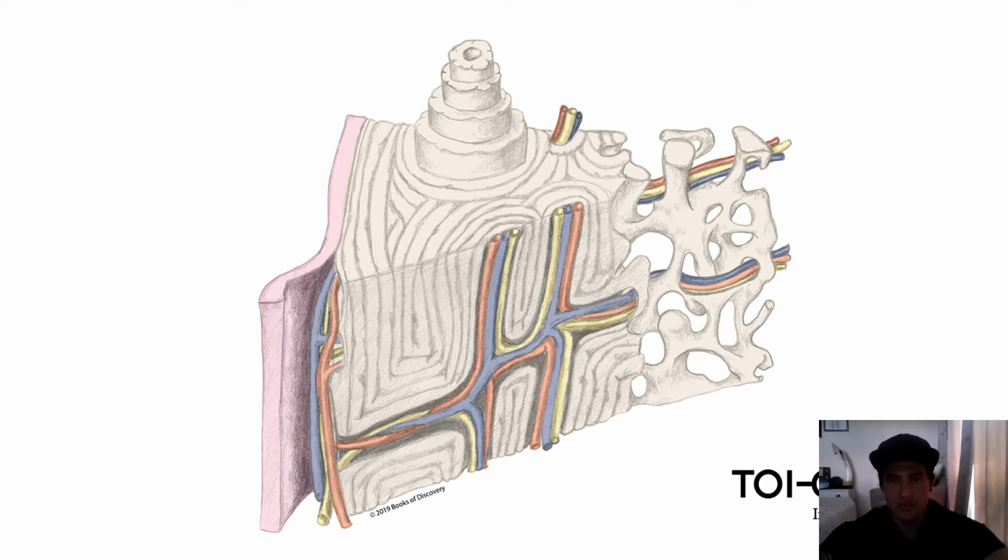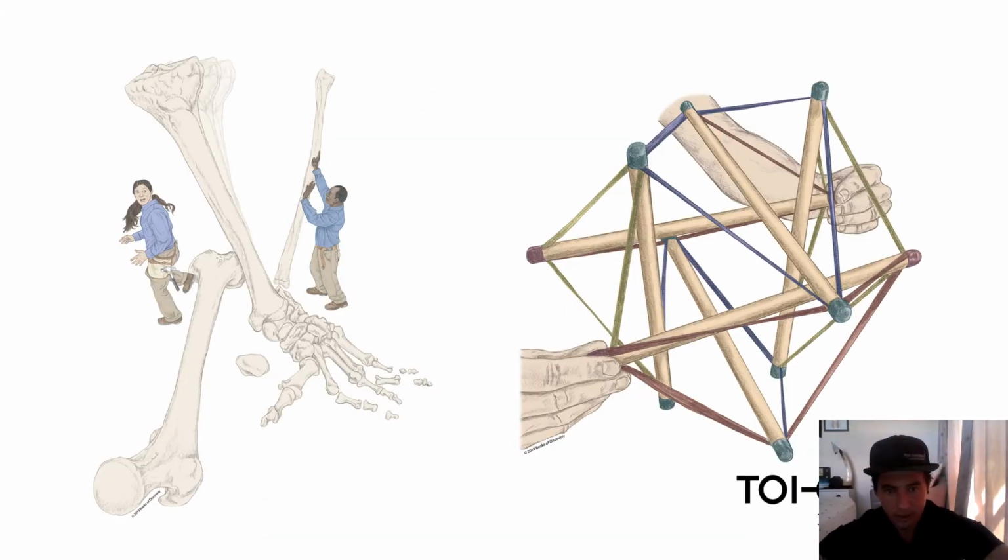That structure provides its strength. You'll also see you've got some blood vessels, arteries, veins, and some lymph vessels flowing through there as well. That diagram on the right is again just to show that structure of those cylinders is what provides bone with strength in multiple directions.